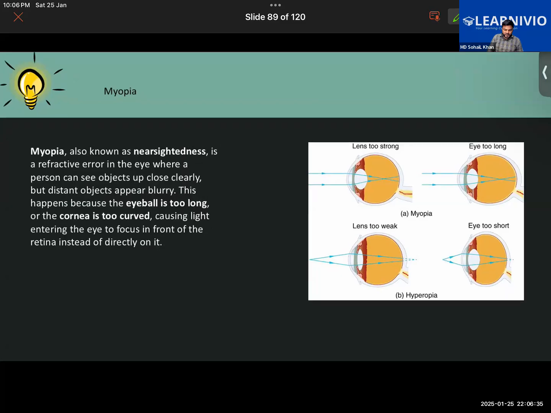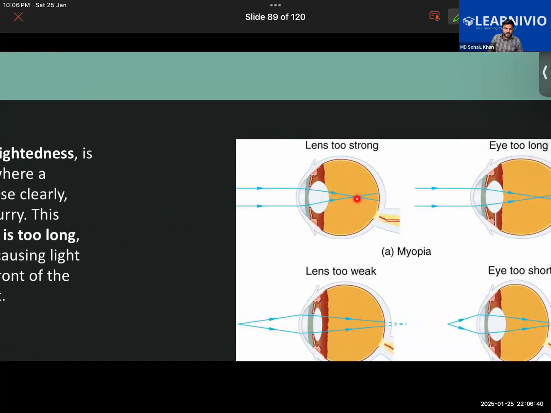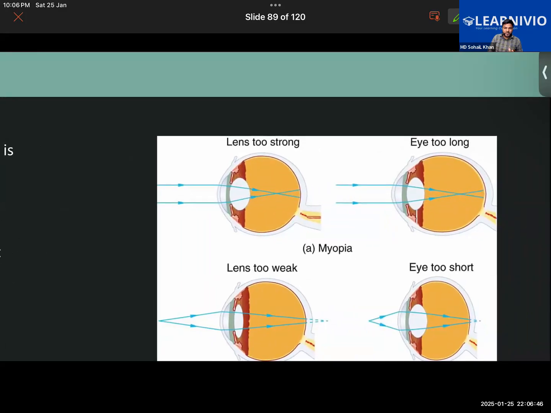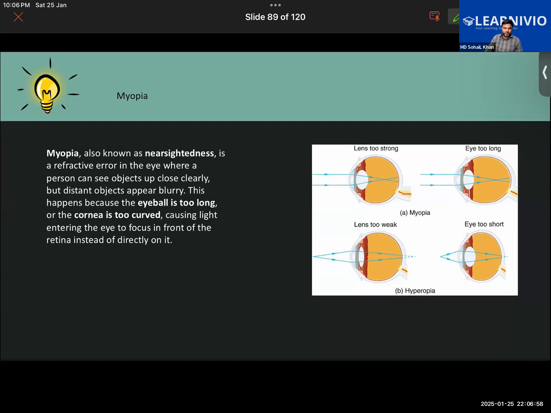When it becomes thicker, its converging power increases and the rays of light are focused in front of the retina. But suppose the eye lens is okay, there is no defect in it, but the eyeball has become bigger in size, too long, then also it will be focused in front of the retina. In both cases, it will lead to the defect. So the person will not be able to look at objects kept nearby clearly, right?